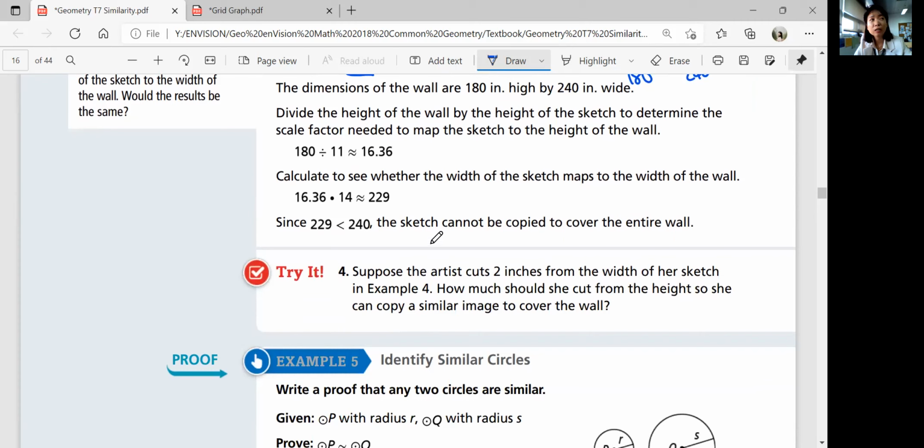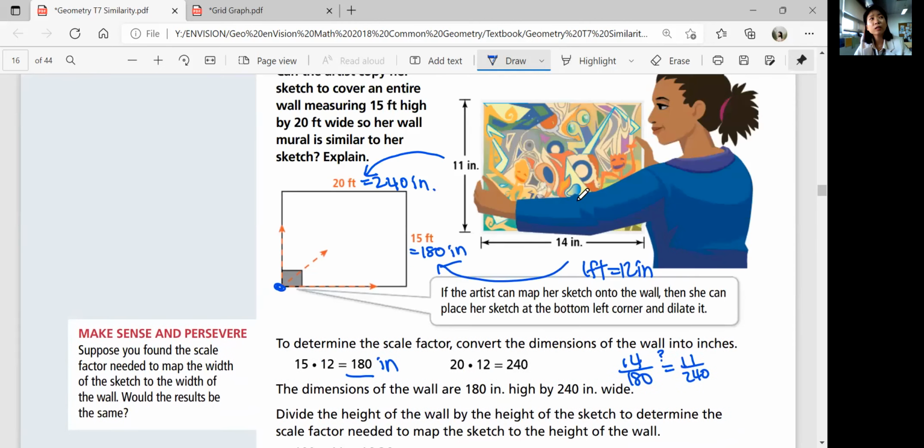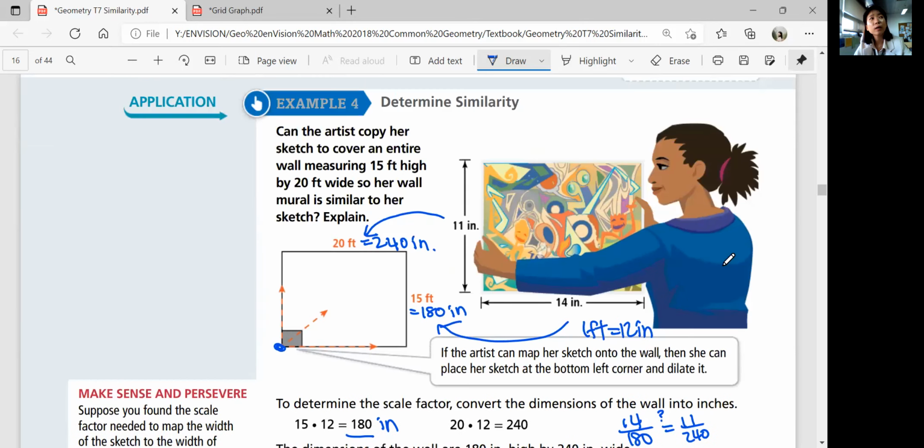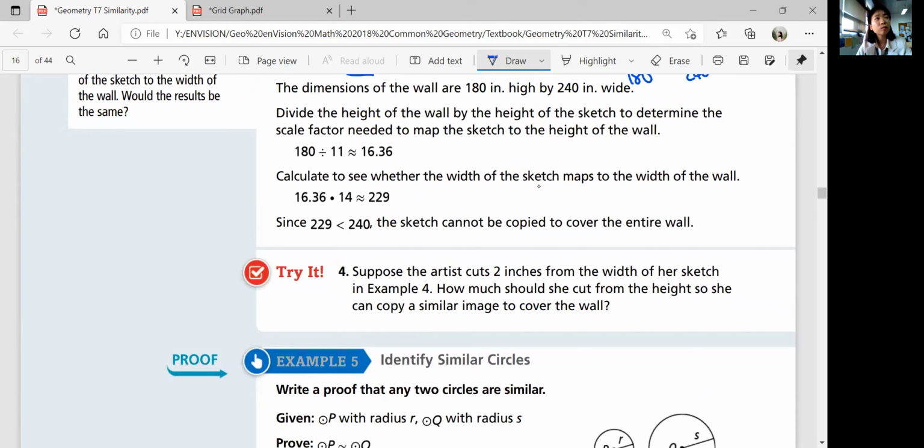Suppose the artist cuts 2 inches from the width of her sketch in example 4. How much should she cut from the height so she can copy a similar image to cover the wall? So from her sketch, she cuts 2 from the width. So 11 minus 2, which is 9.